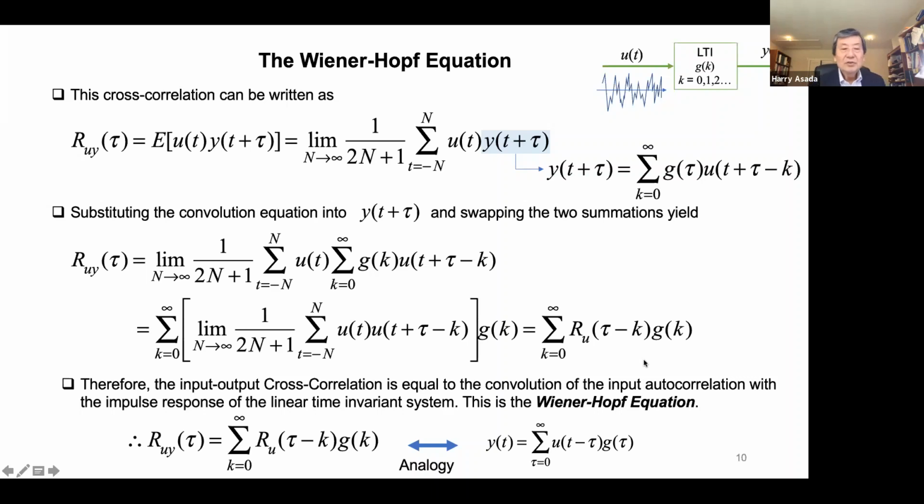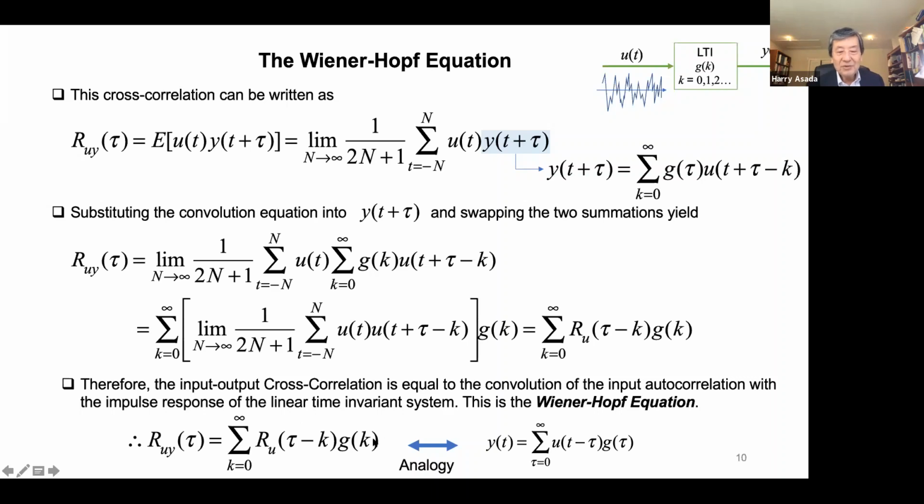Now we can successfully extract the impulse response GK from the expression of the input-output cross correlation, right? This is the result, and it is called the Wiener-Hopf equation.